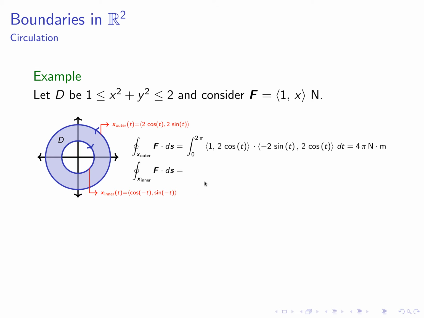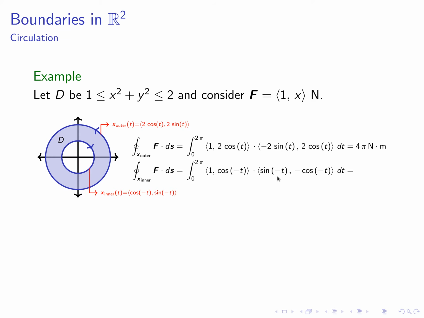If we were to calculate the work integral along x sub inner here, the mechanics are the same, but the ingredients are different. Again, we're taking the force vector and dotting with velocity, but here we're replacing the x in the force vector with the x coordinate of our parameterization, which is cosine of negative t.